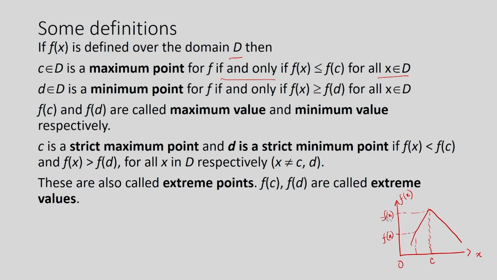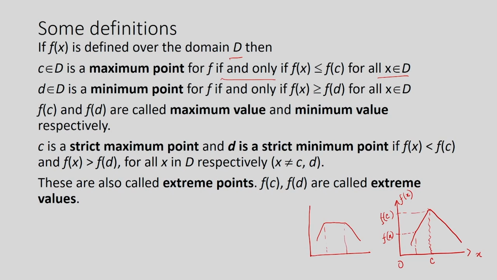So, this is f(c). So, f(x) is always less than or equal to f(c). Here in this particular case, it is strict inequality, but one can have a weak inequality as well. So, think about this. Here you will have weak inequality. So, there are multiple maximum points here. All these are maximum points. Therefore, you have a plateau kind of thing.